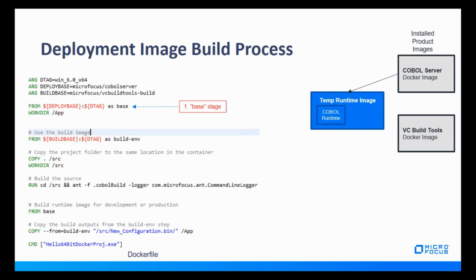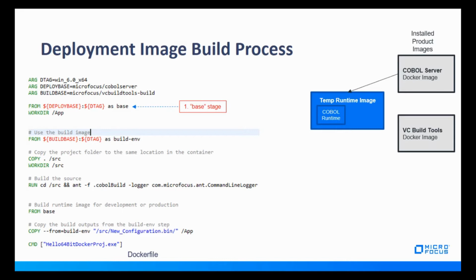The AS clause on the FROM specifies that this image is to be assigned the name base so that it can be referenced later in the Docker file. Because this image is for COBOL server, it does not contain the components to build an application, only the COBOL runtime. An additional WORKDIR command within this stage specifies that the default present working directory associated with this image will be /app.